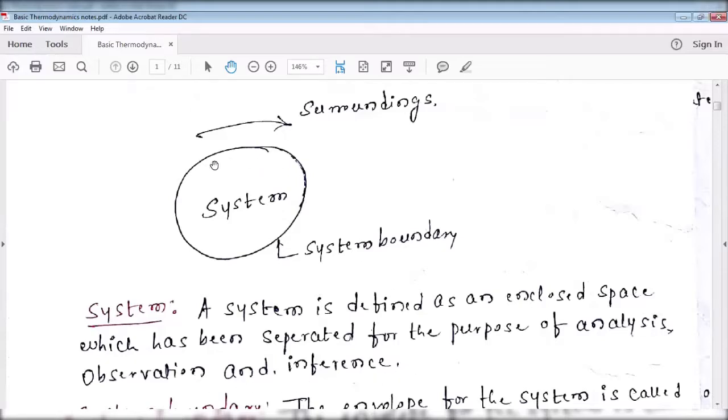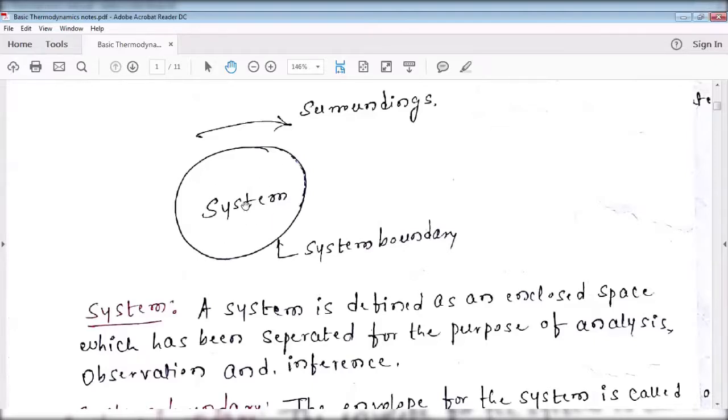This is an enclosed space separated for analysis. If you want to do any analysis, observations and inference, or any research work in this space, you can do it. Such a space is called a system.